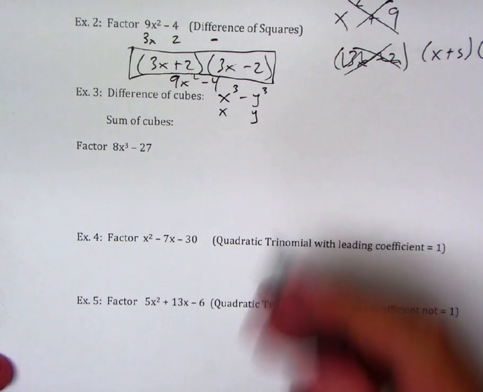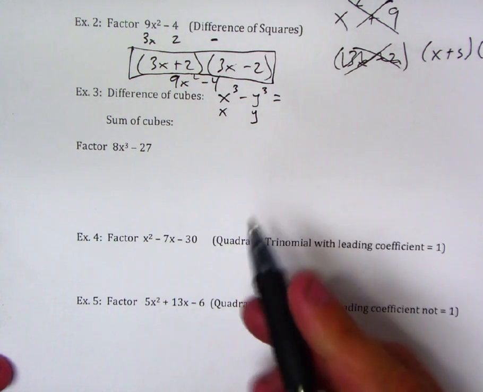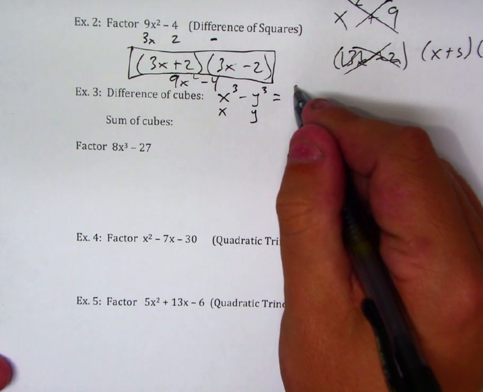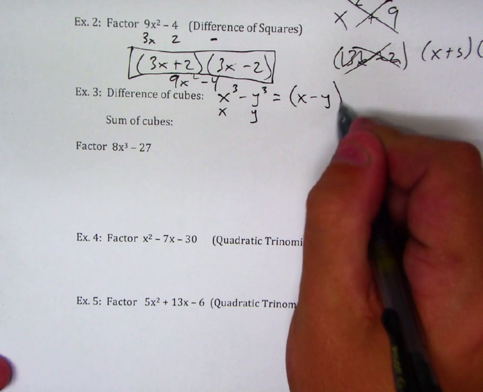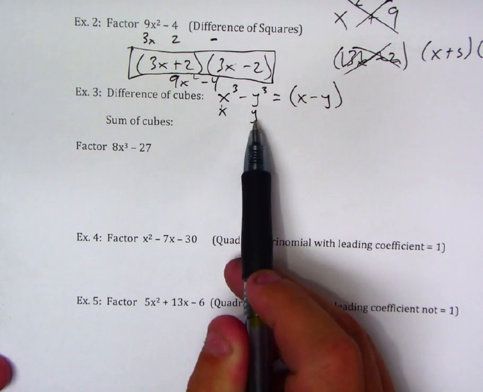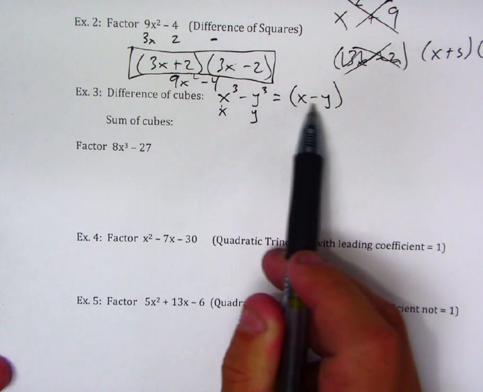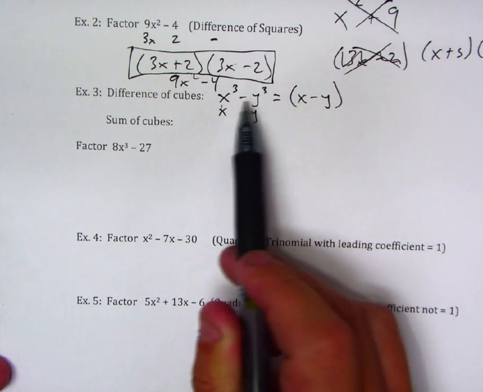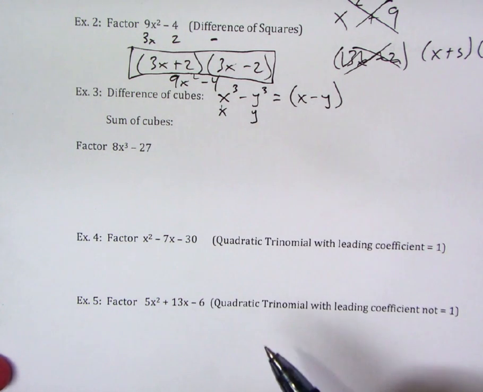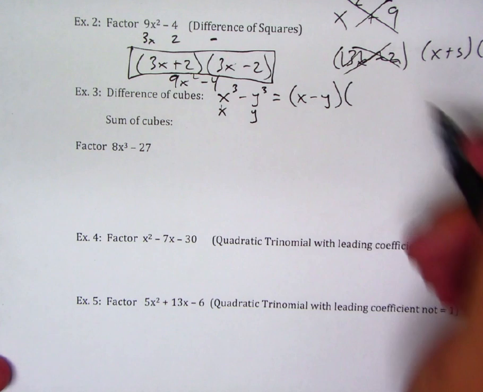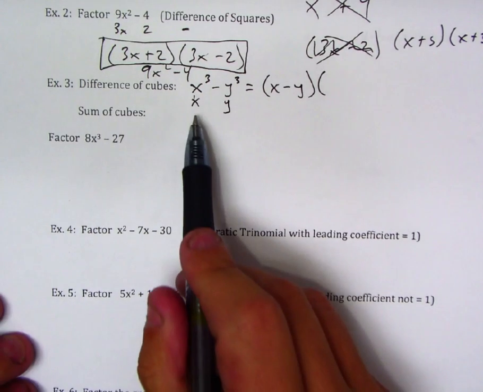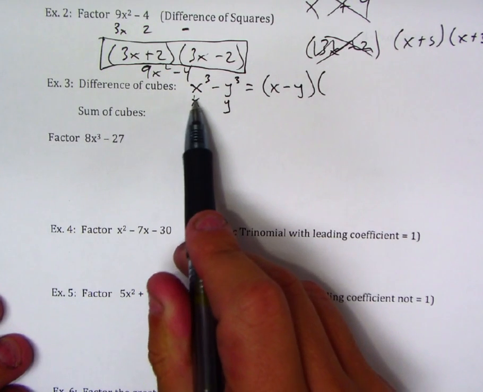Now what I'm going to do, here's my formula. In my first set of parentheses, I'm going to do x minus y. Whatever those cube roots are, whatever this sign is, your first set of parentheses is going to have that same sign. So that's your first set of parentheses. Your second set of parentheses is this. You're going to square the first cube root, so x squared.